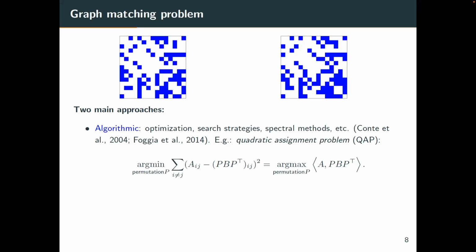A particular one is the so-called quadratic assignment problem, in which we take the entries of each of the matrices and permute the rows and columns of one matrix. P is going to be a permutation matrix, and just by multiplying by a permutation matrix on both sides, we simply change the rows and columns of the second matrix here. And then this loss function quantifies how different the two networks are.